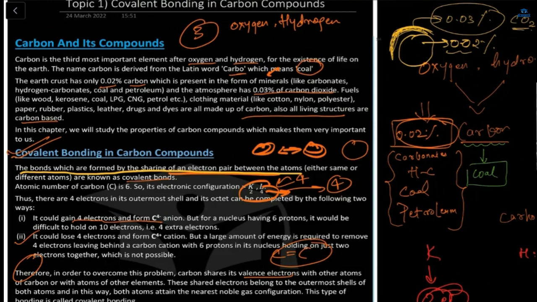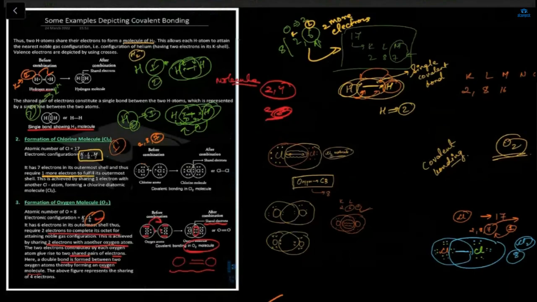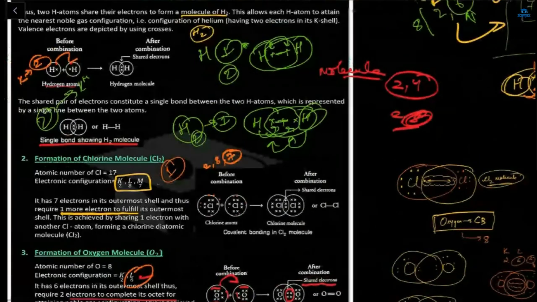The sharing of two electrons. Covalent bonding is the bond formed by sharing electrons between atoms. For example, oxygen will share electrons because its main aim is to fulfill the outermost shell.